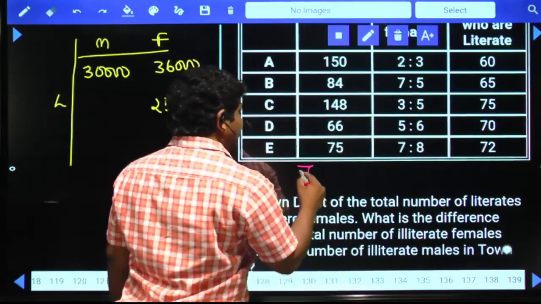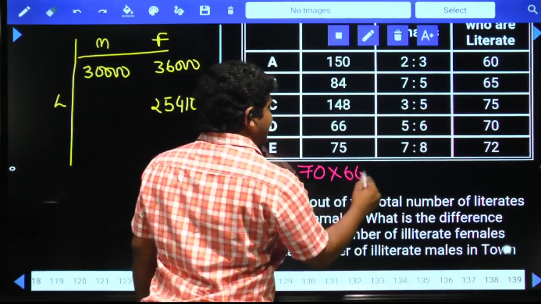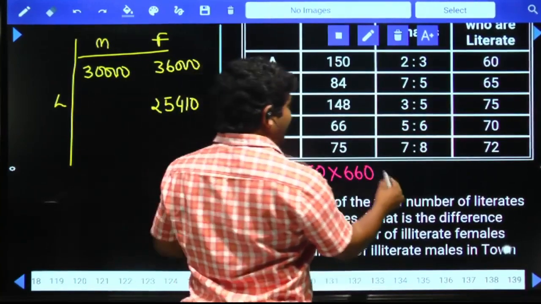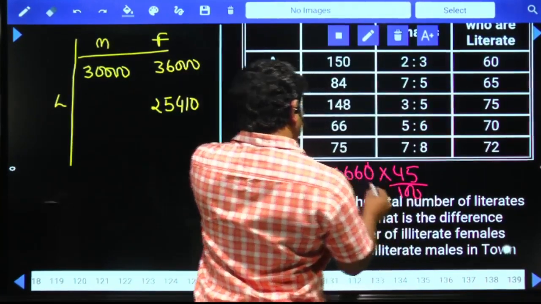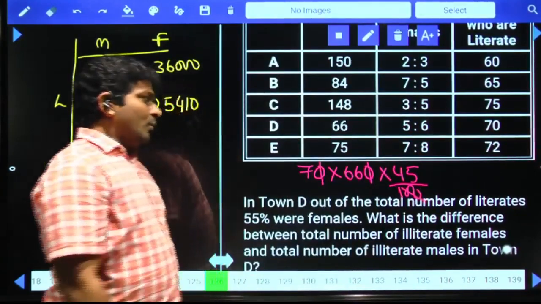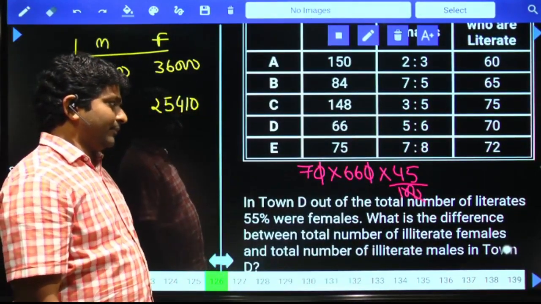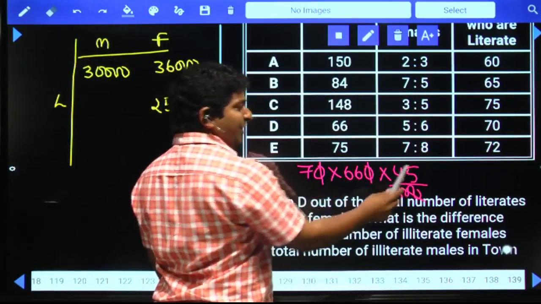45% of 70% of 66,000, into 45 by 100. Two zeros get cancelled. Now 11 into 6, 9 into 5.